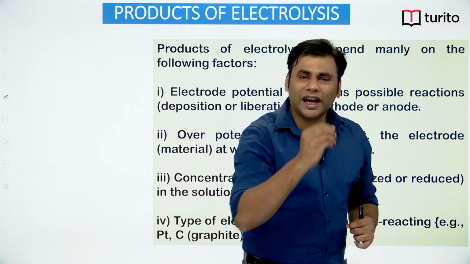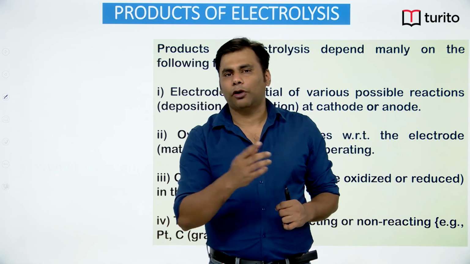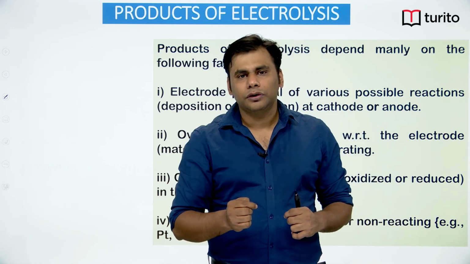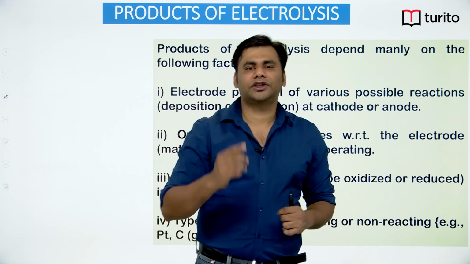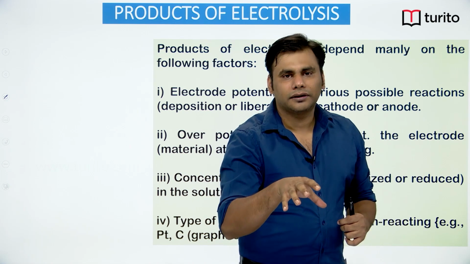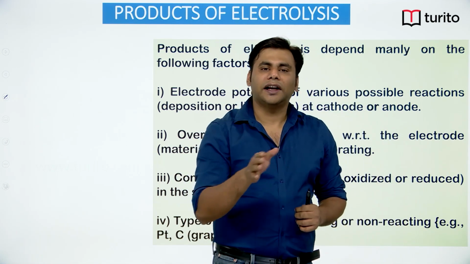Both can undergo reduction when we pass electric current and can get deposited at the cathode. Out of those two, one will be preferentially discharged at the cathode. It depends, you can guess it right, on the standard reduction potential.